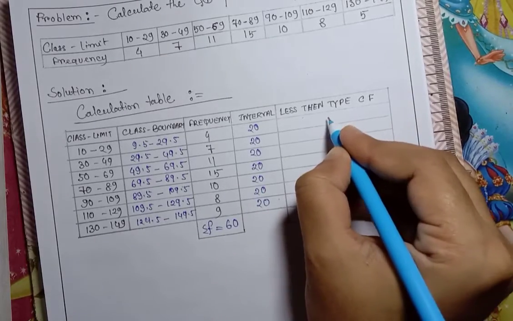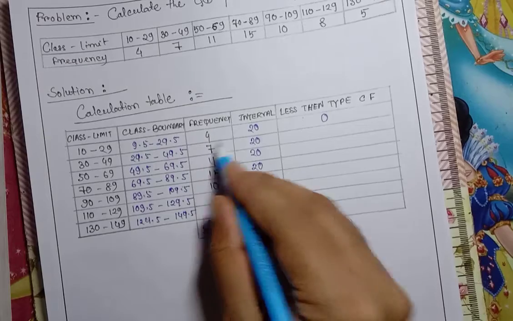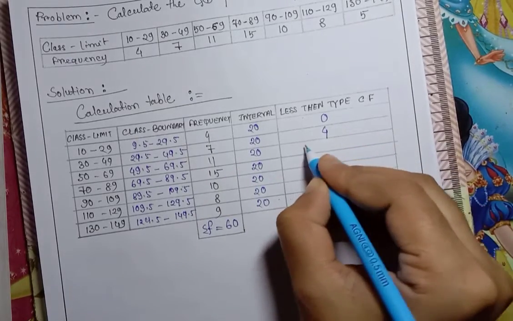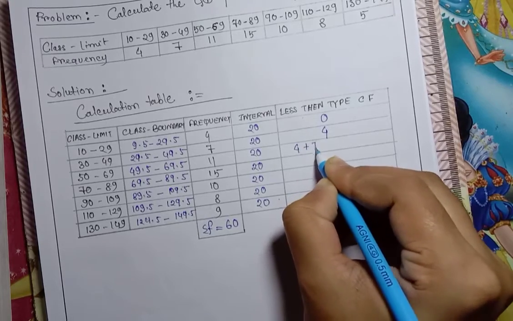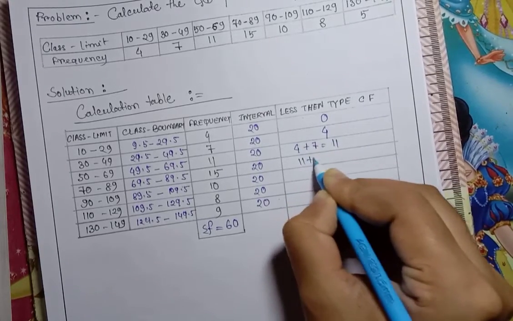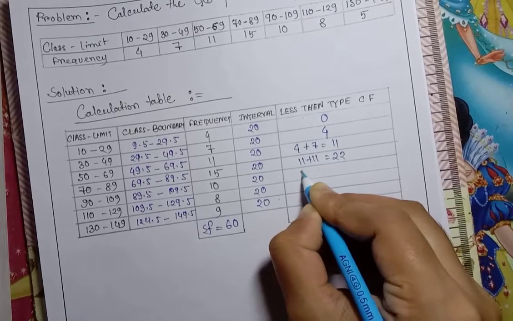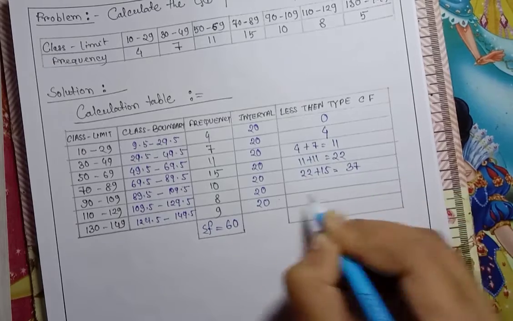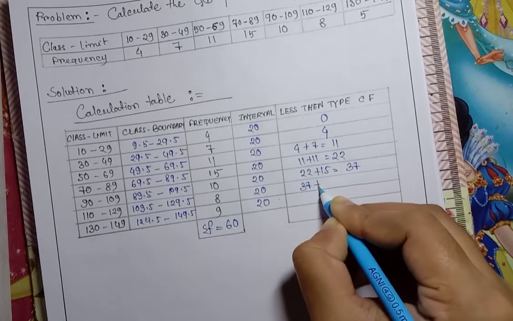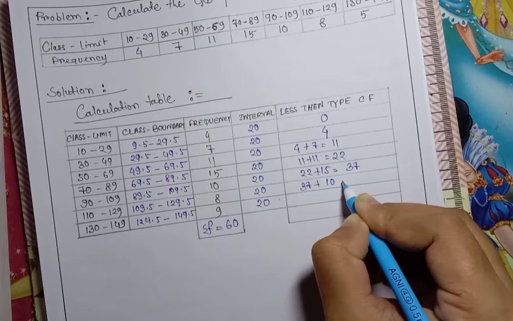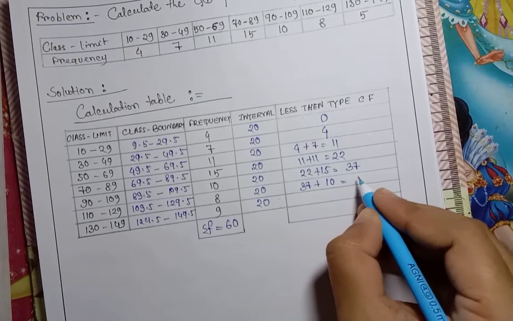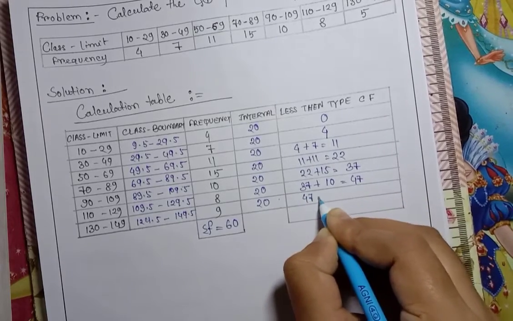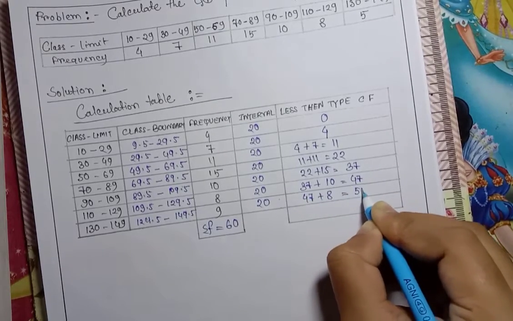Now come on to the less than type of cumulative frequency. The next is 4 plus 7, which is equal to 11. 11 plus 11 is equal to 22. 22 plus 15 is equal to 37. 37 plus 10 is equal to 47. 47 plus 8 is equal to 55.